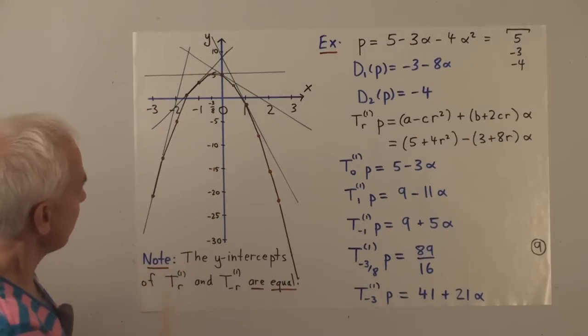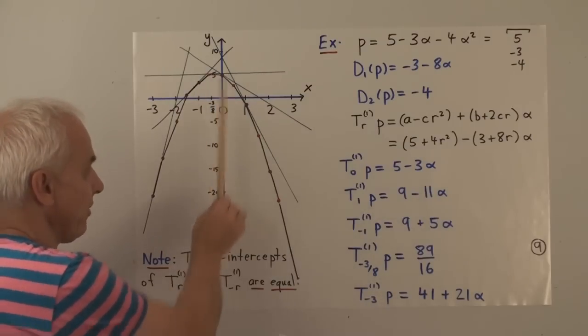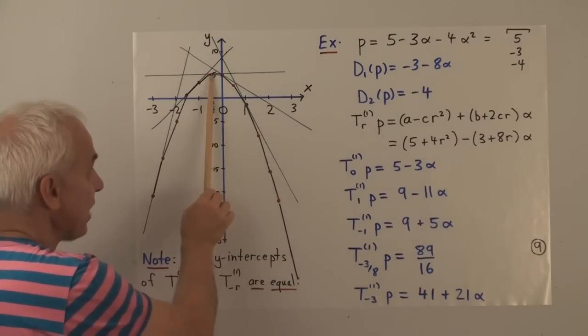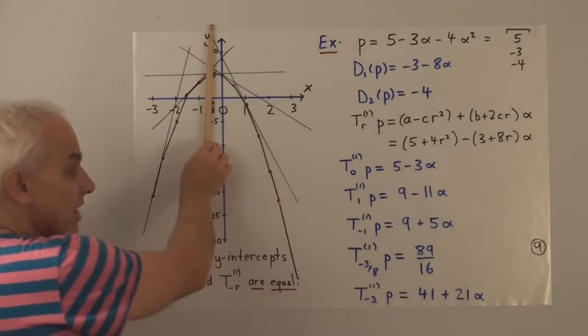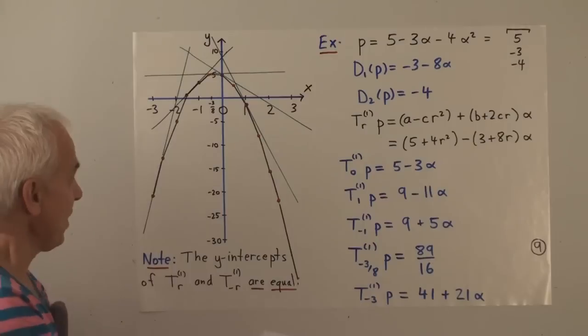Now that might be a little bit interesting, because the parabola itself is not symmetrical around this line. The maximum is actually right there. So the thing turns out actually to be symmetrical there, as we'll see in the next lecture.